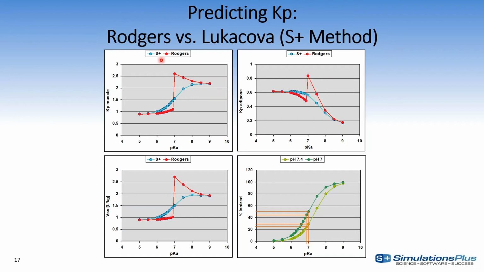With the Lukacova method, we see that we have the same predictions outside the range of 6 to 8, but have a continual change in the range of pKa 6 to 8.